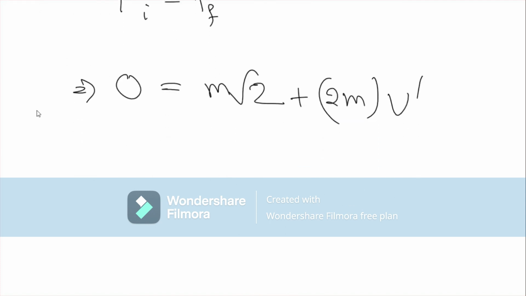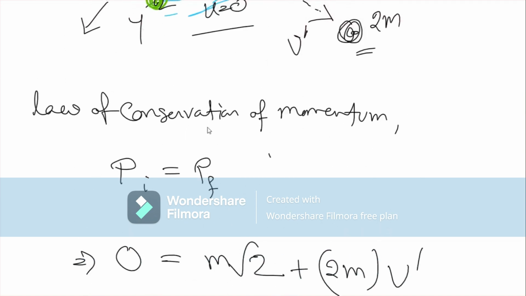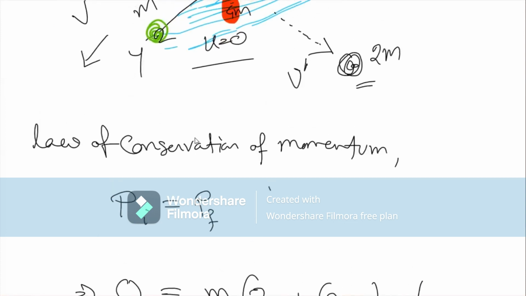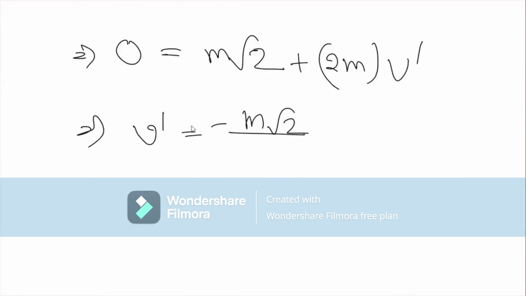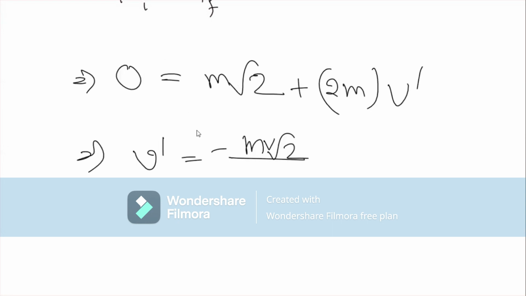Okay, so now from here if we find the value of v dot, it will be minus of mv root 2 divided by 2m.